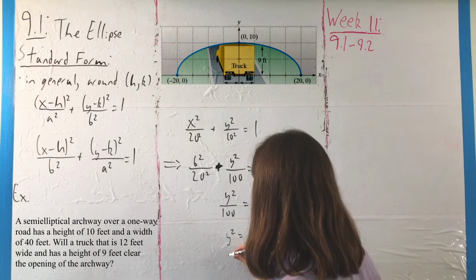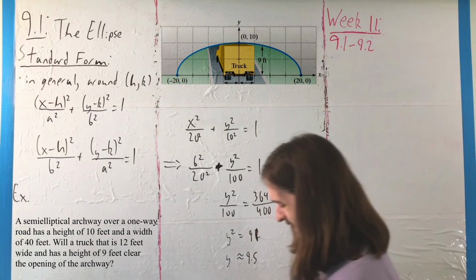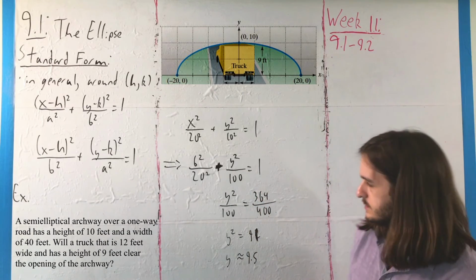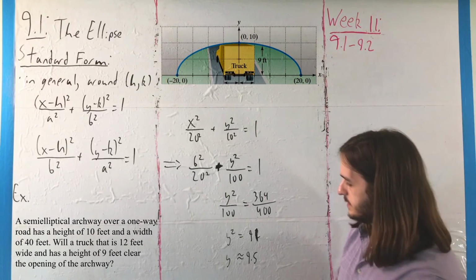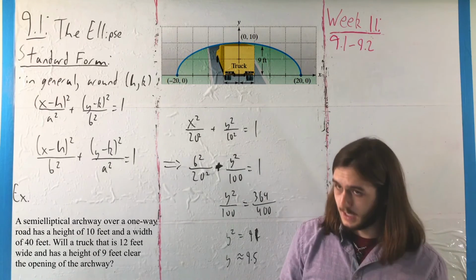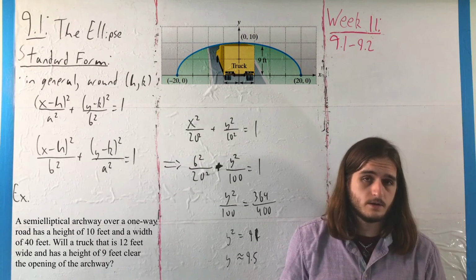Man, my letters. Or y is approximately equal to 9.5. So when we're looking 6 feet away on either side, the height of the archway is about 9.5 feet instead of that total value of 10, because it came down a little bit.